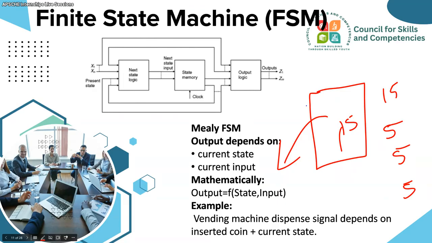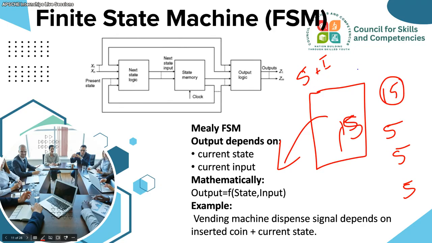So the output is going to depend upon the current state and the current input. You will be having one state, and the current input is the 5 rupees you used. Since the product is 15 rupees, it is waiting for another. So next you put a 5 rupee coin again.